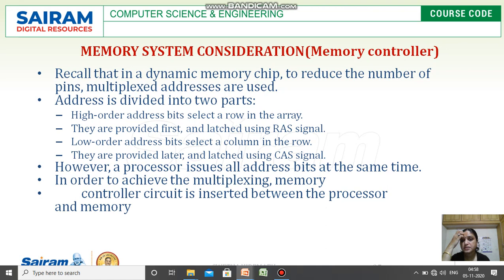The address is divided into two parts. High order address bits select a row in the array; they are provided first and latched using the row address signal. Low order address bits select a column in the row; they are provided later and latched using the column address signal.